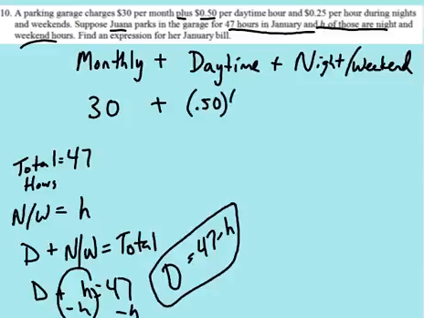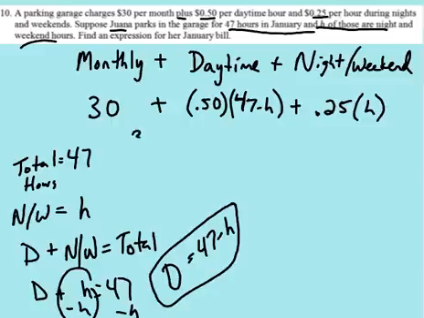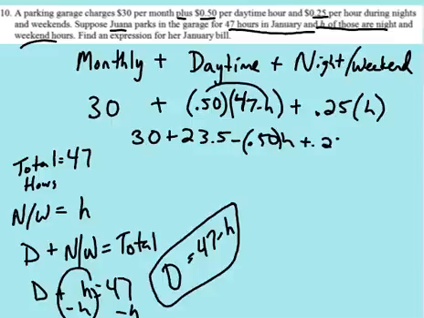What did I say my daytime hours are? 47 minus H, plus, what are my nights and weekends? 25 cents per hour, so 0.25 times H. So this is going to be 30 plus 23.5 plus, when I distribute this, this becomes a minus 0.50H. That's why I stopped myself, plus 0.25H.